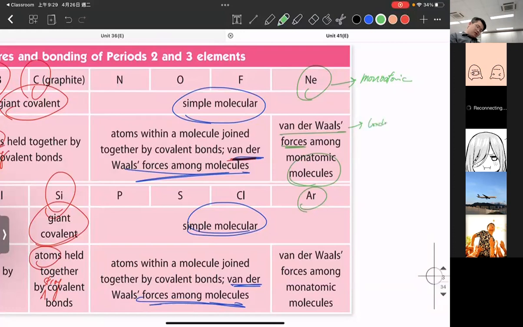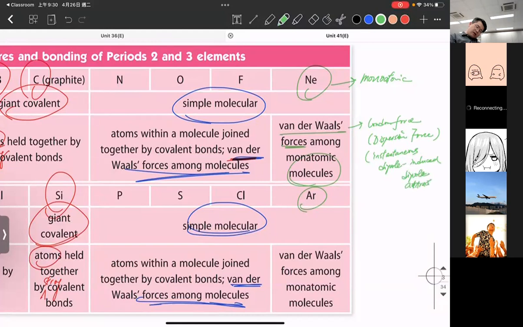So indeed, London force is just the same as dispersion force. It's also just the same as instantaneous dipole induced dipole attraction.